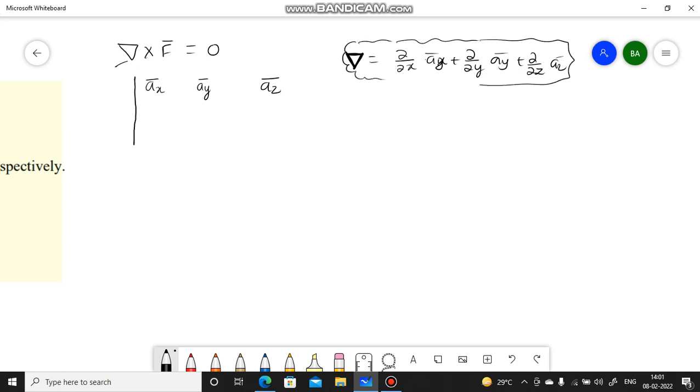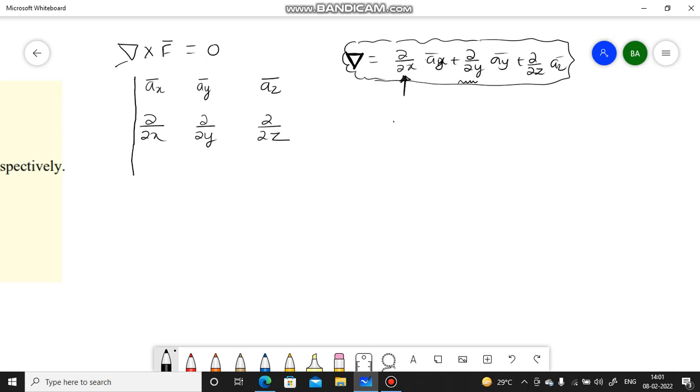In the second row we write dou by dou x, dou by dou y, and dou by dou z.